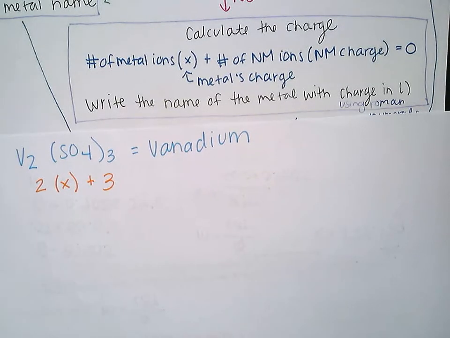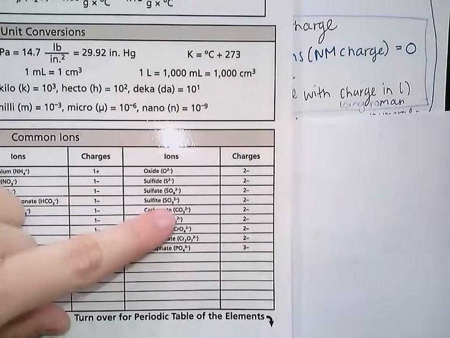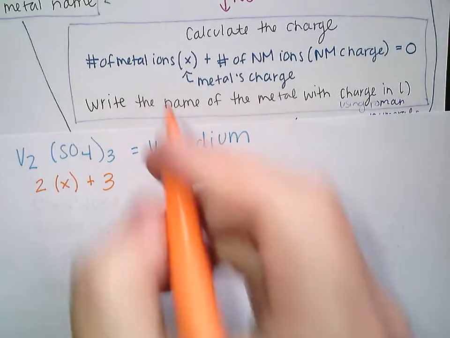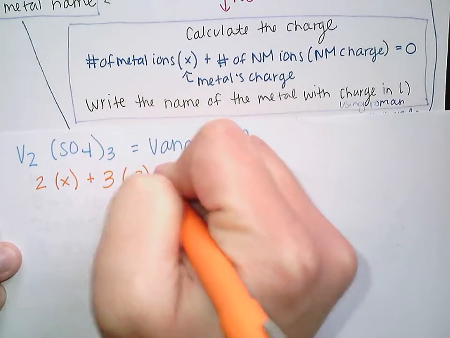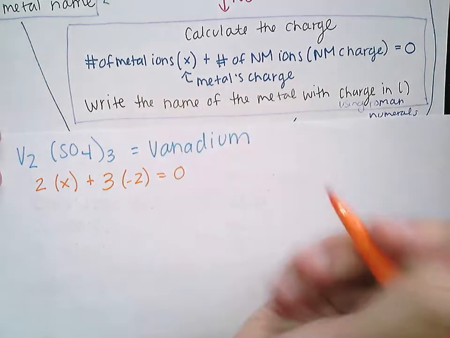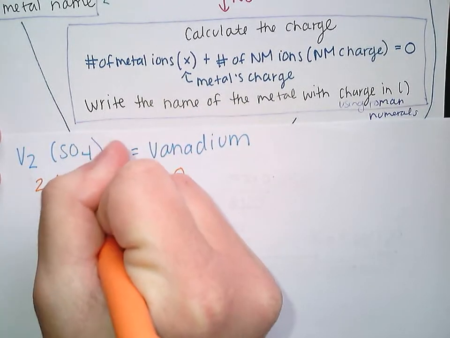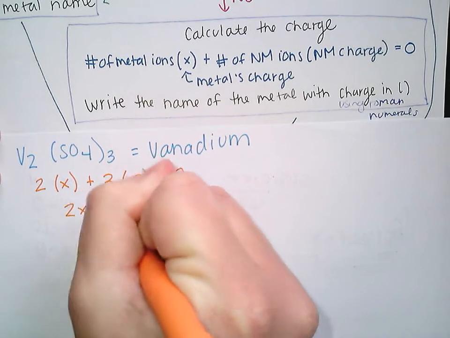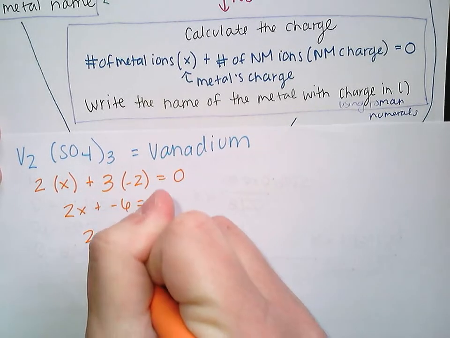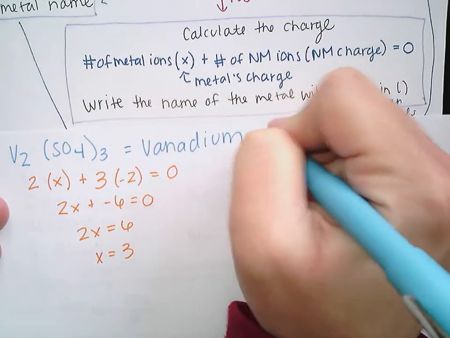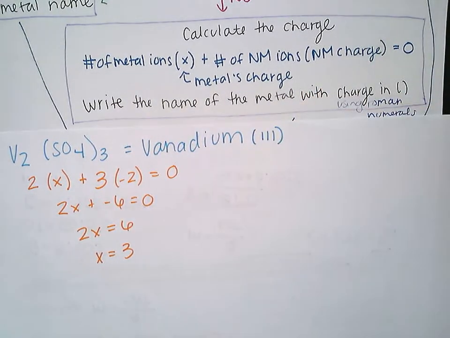And then SO4, if we look at the back of our periodic table, SO4 has a -2 charge. Because this overall is neutral, I'm going to have this set equal to 0. So I have 2x plus -6 equals 0. So 2x equals 6. So x equals 3. So in parentheses, I'm going to put a Roman numeral 3 to tell me that charge.